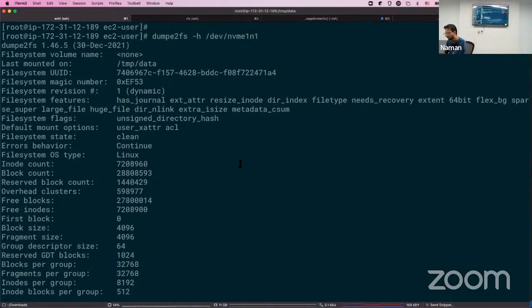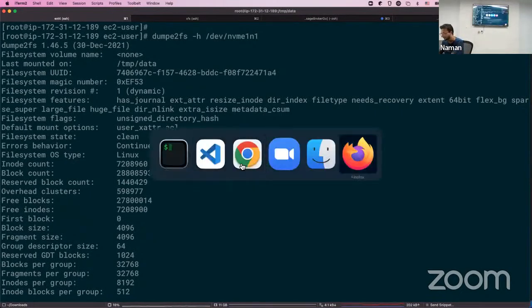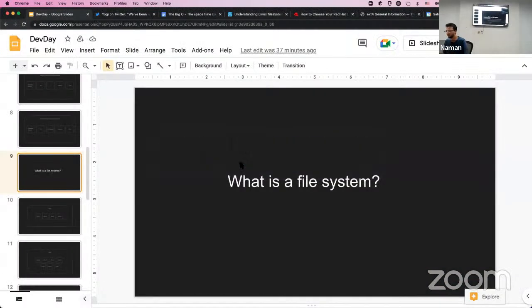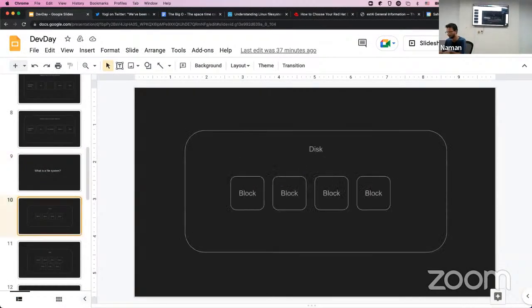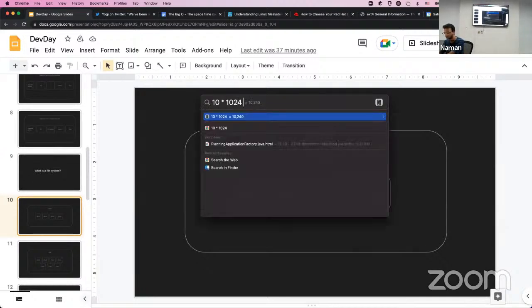So let's take another example. Let's say we are trying to build our own file system, okay? So far we've established that there's a disk and there are multiple blocks in it, right? Now let's say it's around 10 KB, okay? So 10 KB means there are around these many bytes and these many bits, right?